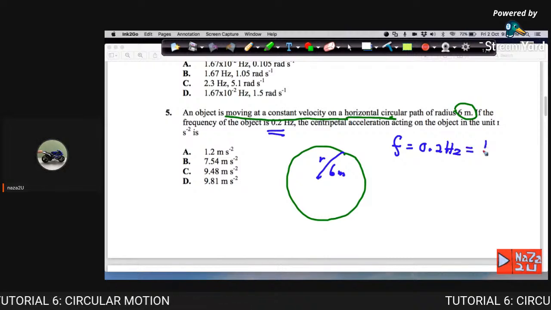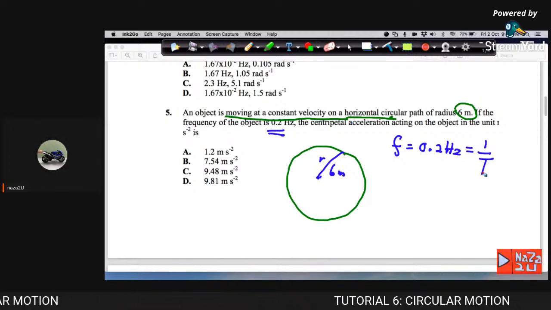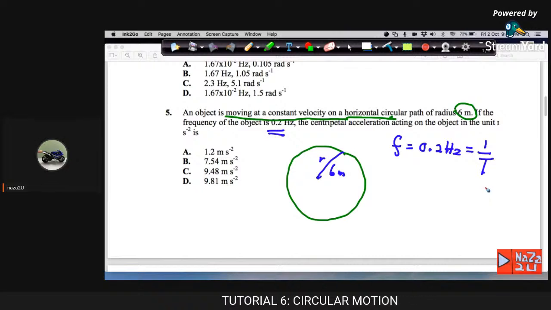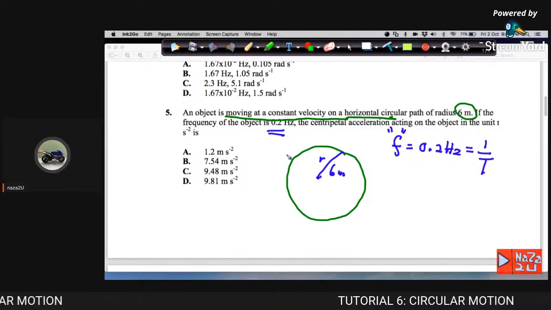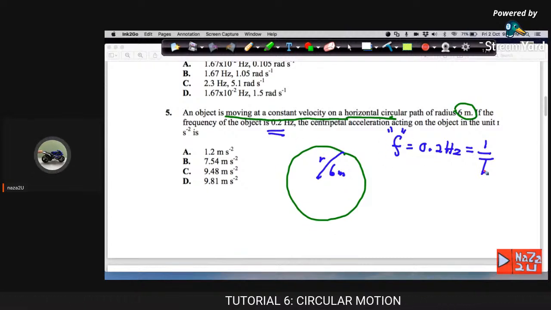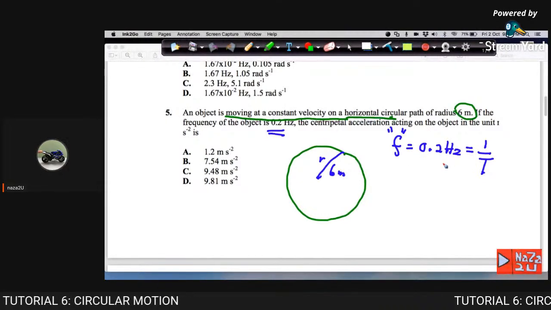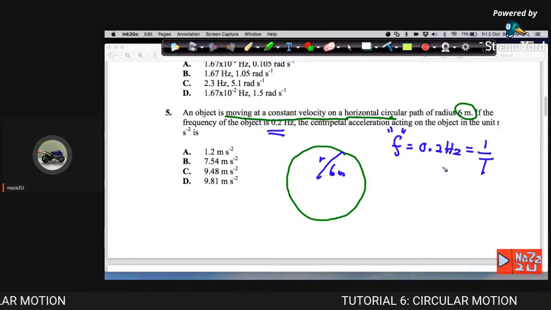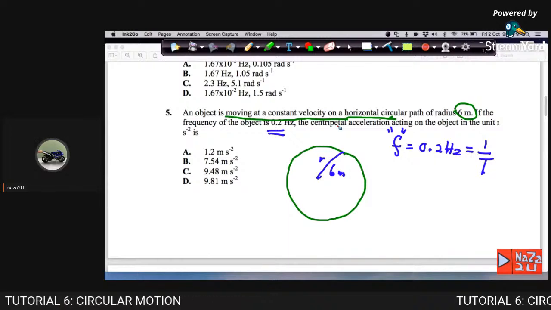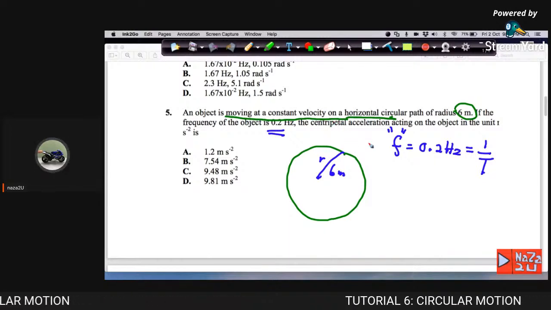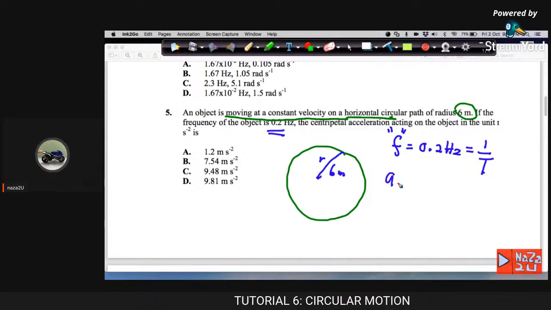This is equal to 1 over T, per second. When you explain frequency, it means how many complete circles in 1 second. So the frequency is 0.2 hertz. The question asks what is the value of the centripetal acceleration, AC.